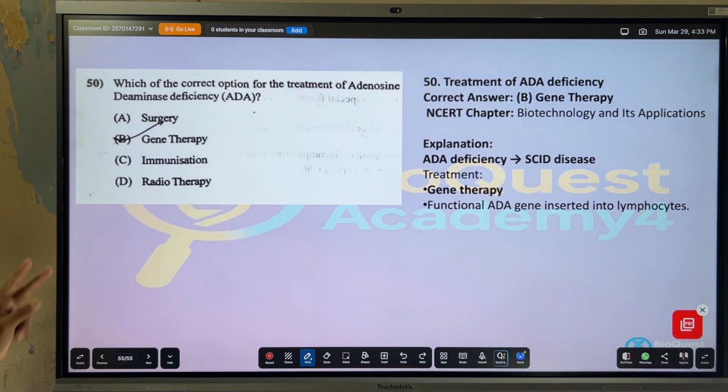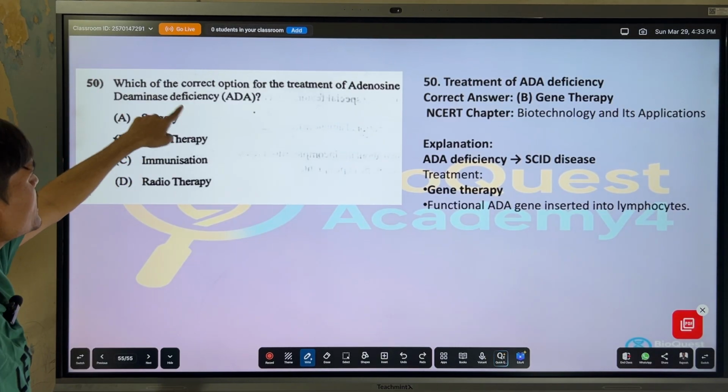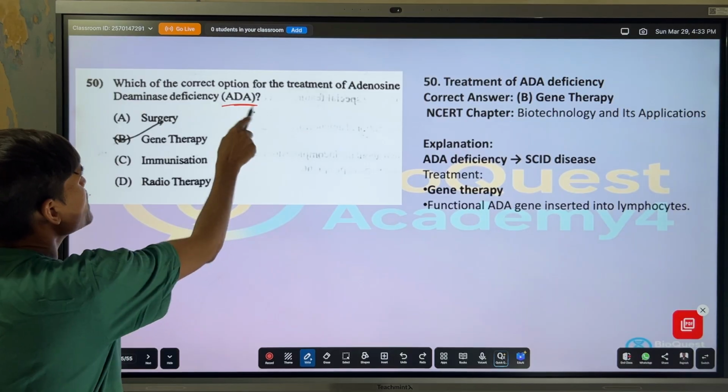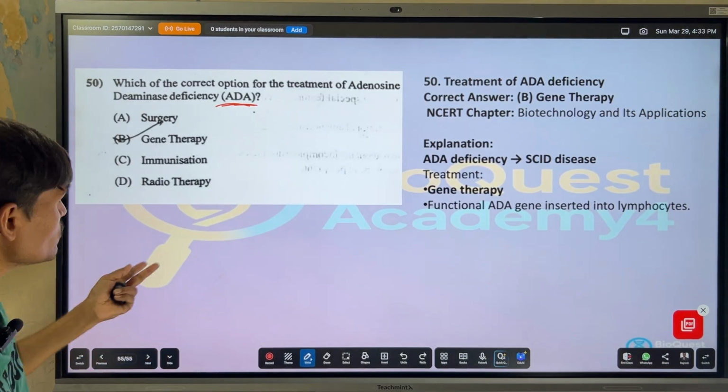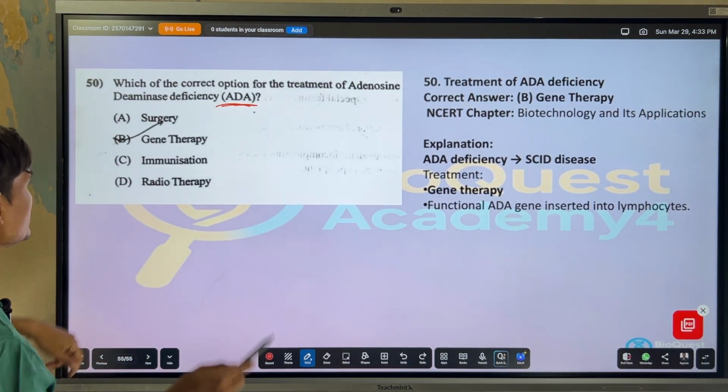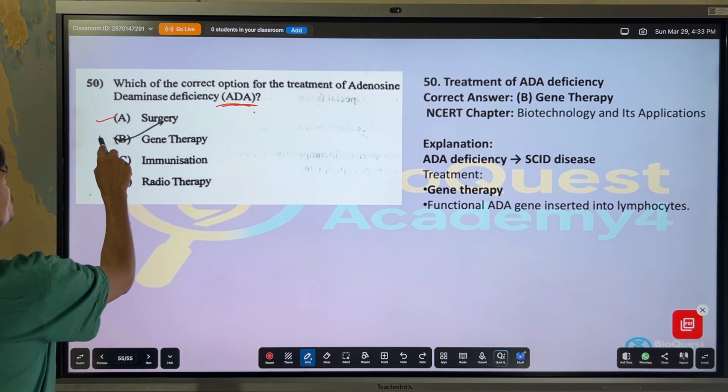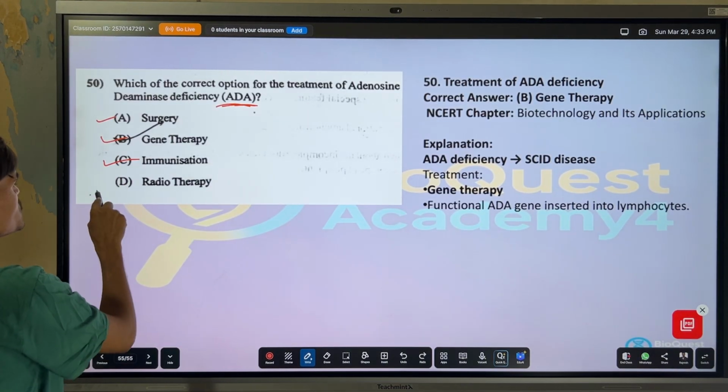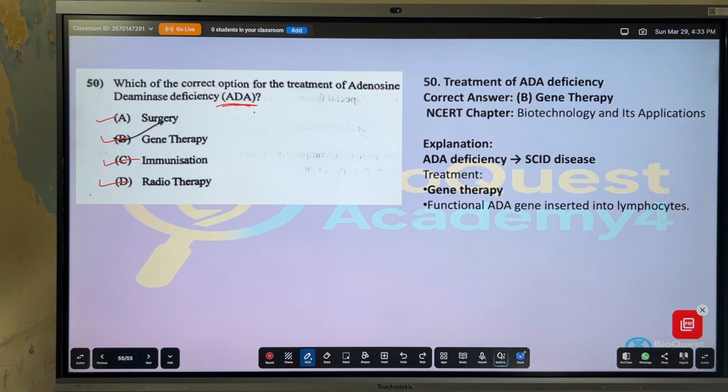Question number 50 and the last question. Which is the correct option for the treatment of adenosine deaminase deficiency, ADA? Which is the correct treatment of ADA? Surgery, gene therapy, immunization or radiotherapy?